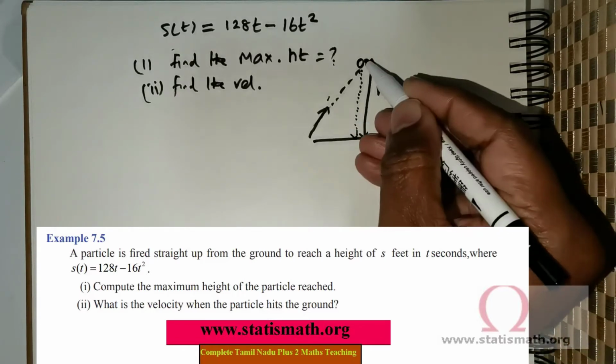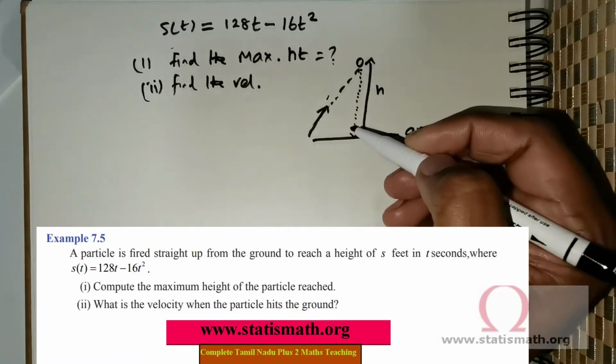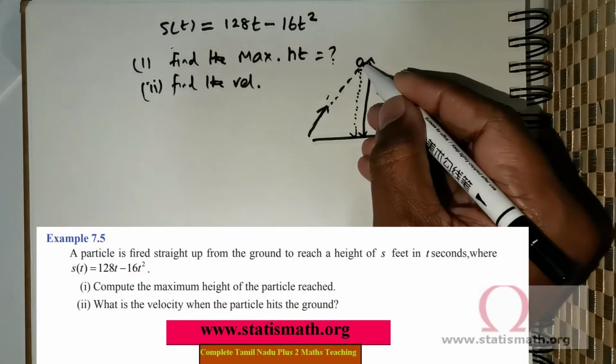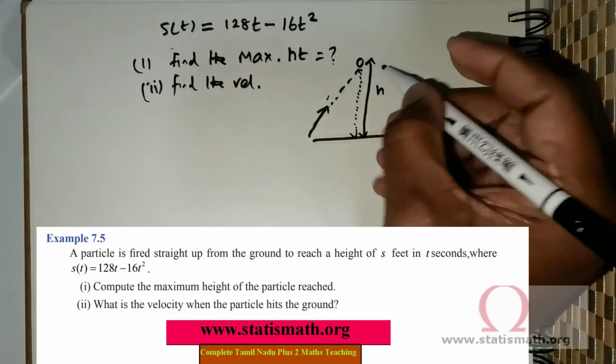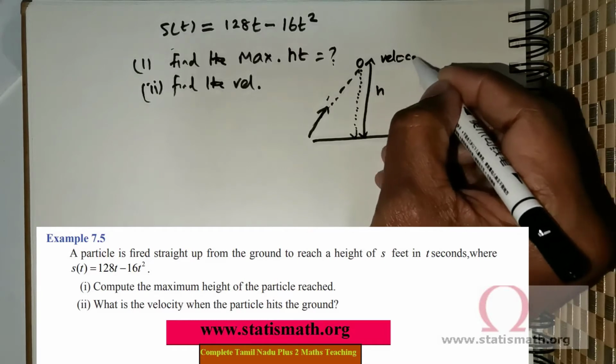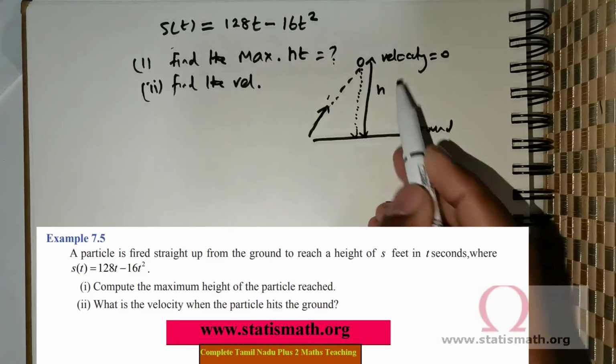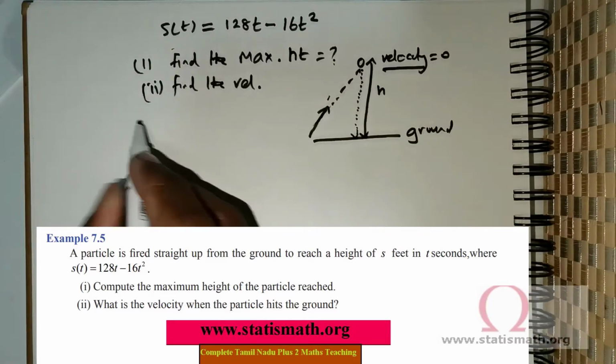When it has reached its maximum height, it cannot go further, so it has to stop there. So when it stops there, the velocity of the particle becomes zero. So the maximum height can only be achieved when the velocity is zero.